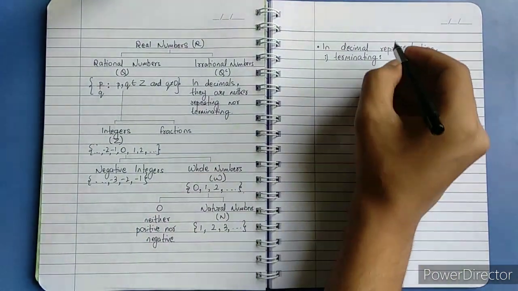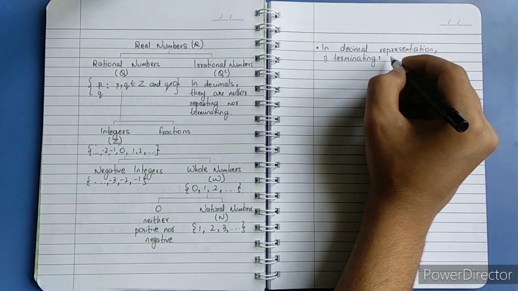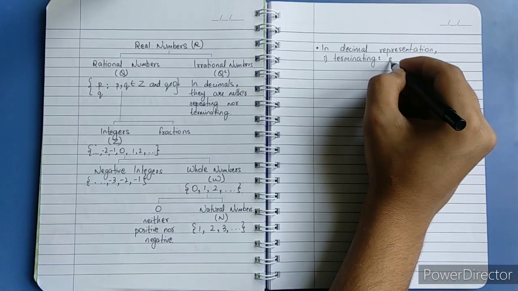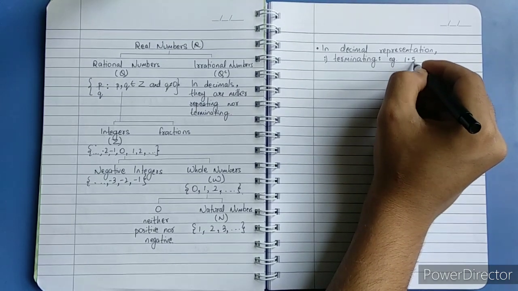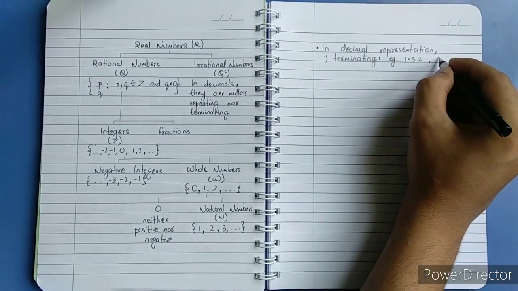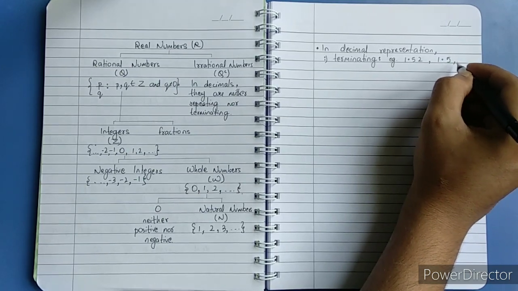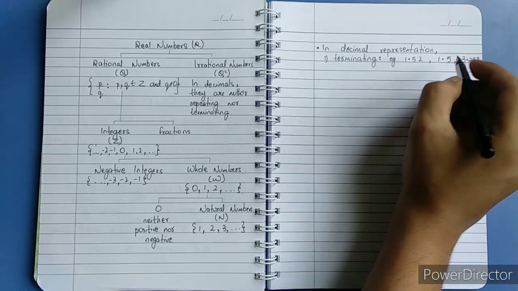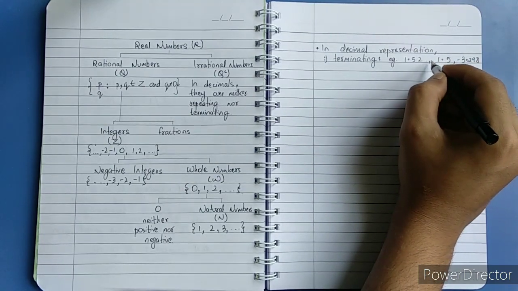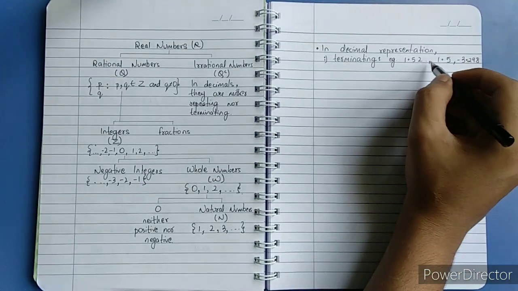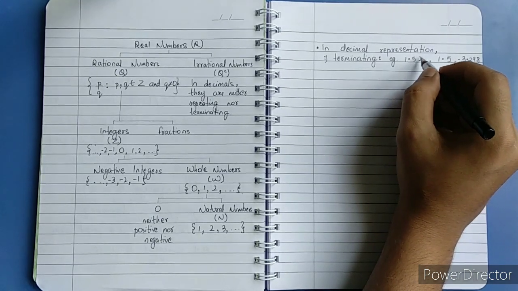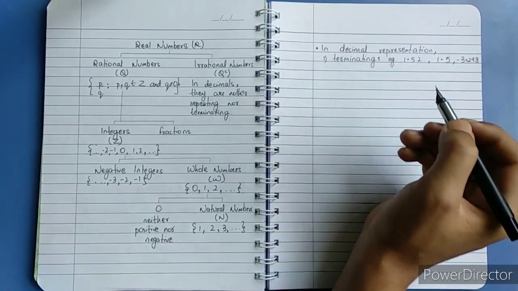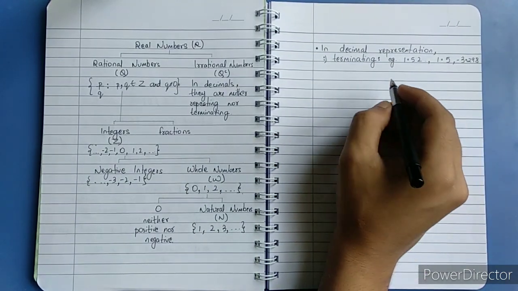Terminating example we can take as 1.52, say, or 1.5, minus 3.298. Whenever there is no dot dot dot, this dot dot dot means continuation. If there is no dot dot dot, it means this 2 is the end. Hence this is called terminating, meaning it is ending after a certain time.